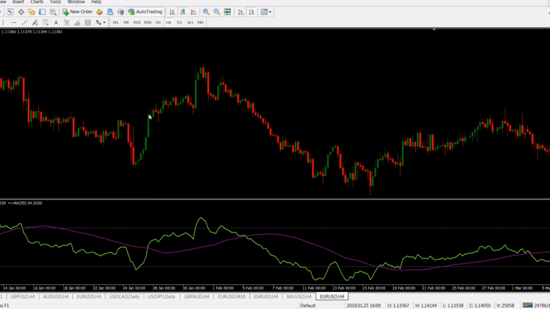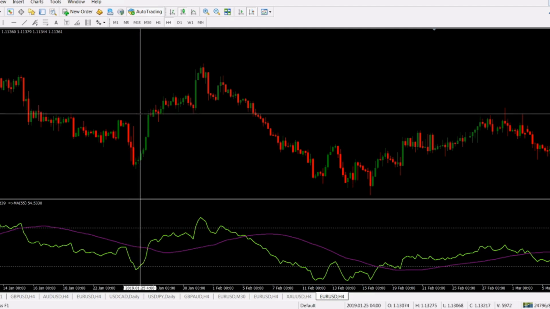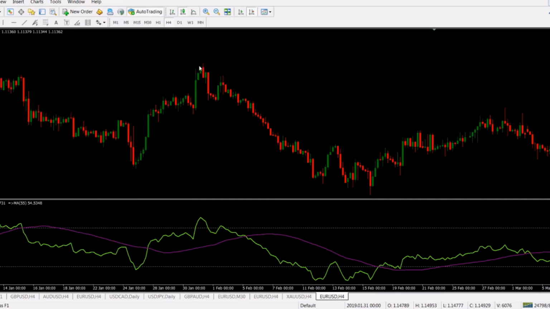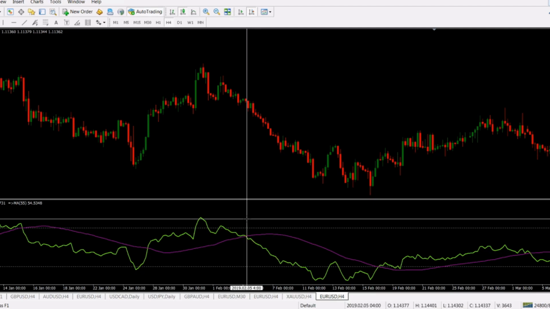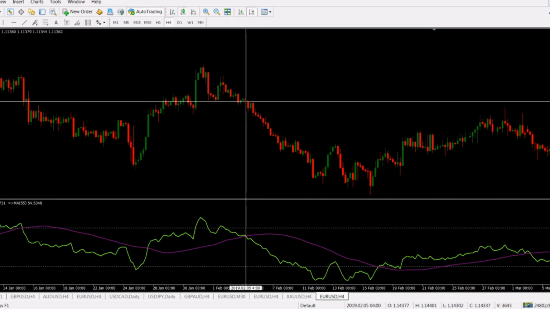So we buy here, and the stop loss we just leave at the last candle, 50 pips, 100 pips. Here we got a selling signal. The indicator went below the moving average again over here. So we got the signal. We just sell here, with 50 pips stop loss, and take whatever profit we get.